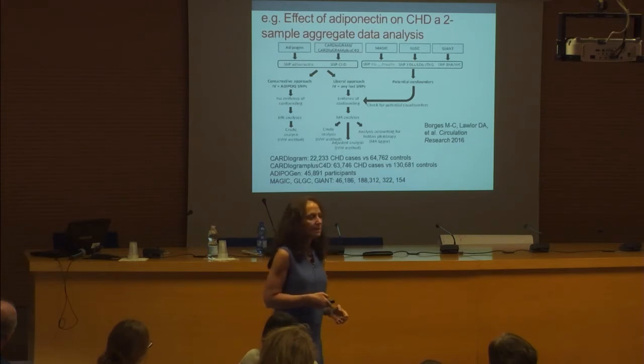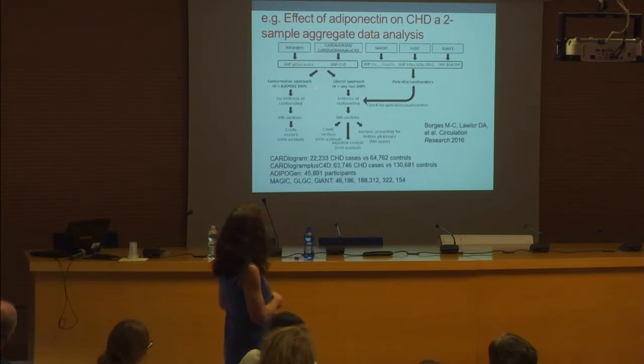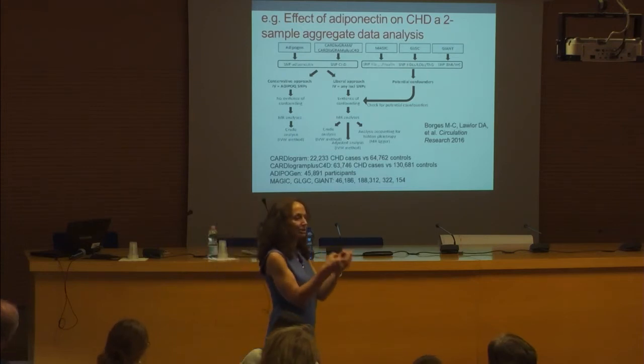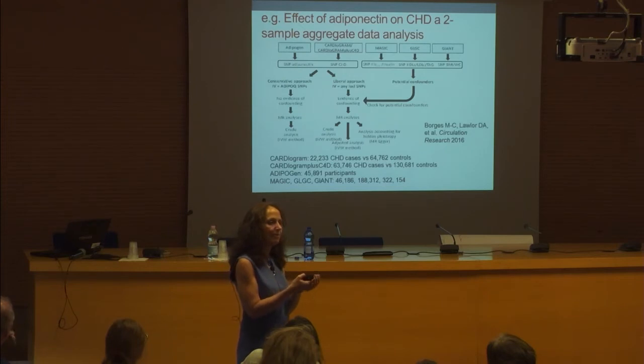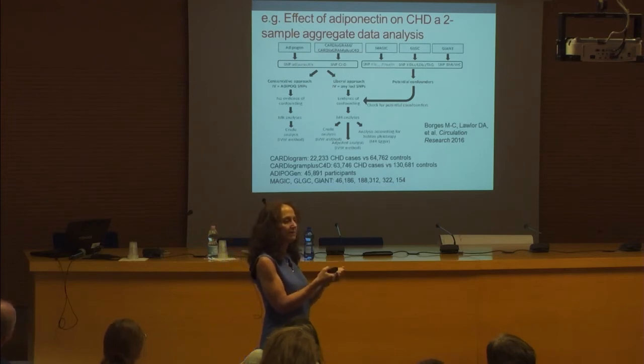So we did some analysis where we just looked at the 4 genetic variants that we had in that gene region that we know are coding for adiponectin. And that we called conservative, because it's conservative in terms of statistical power, because there are just 4 genetic variants there.